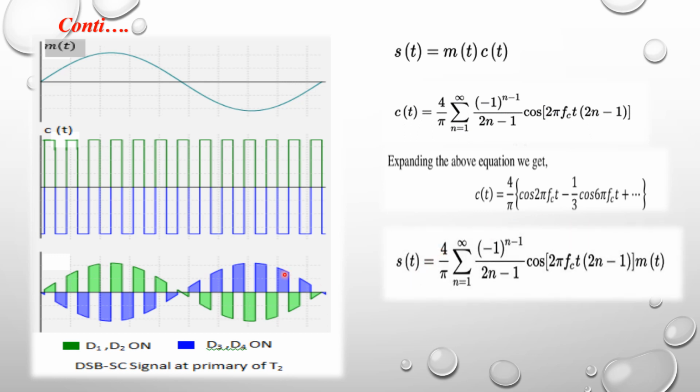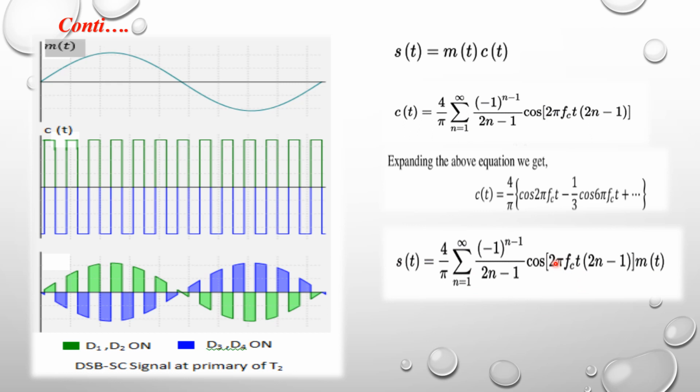s(t) is the modulated output, which is the product of m(t) and c(t). So s(t) is equal to 4 divided by pi, summation n equals 1 to infinity, of minus 1 to the power n minus 1 into 2 divided by 2n minus 1, cos 2 pi fc t into (2n minus 1), into m(t).